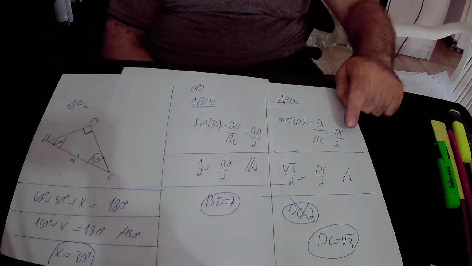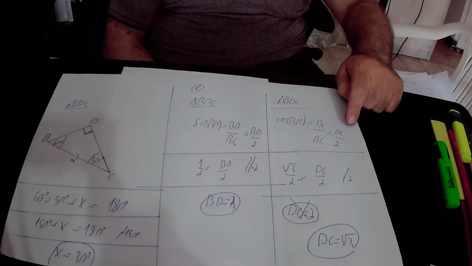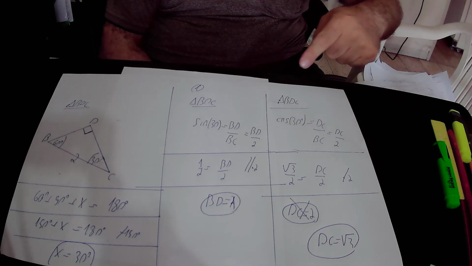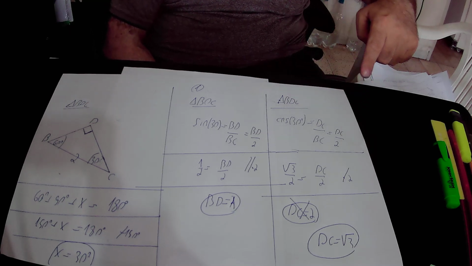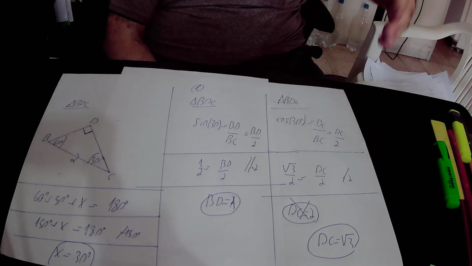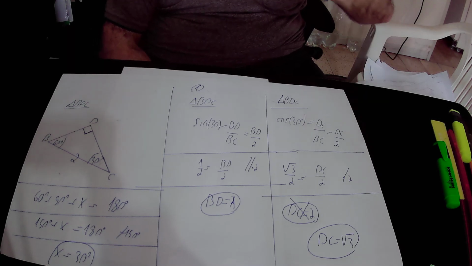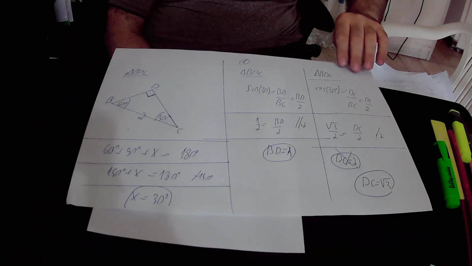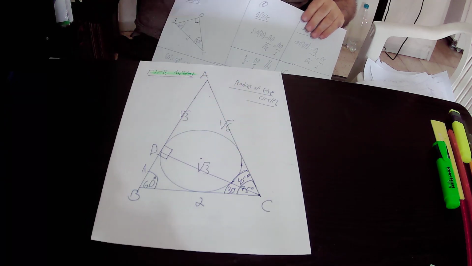But BC is 2, so we substitute BC by 2 and find that cosine 30 degrees equals DC over 2. Cosine 30 degrees is square root of 3 over 2, so square root of 3 over 2 equals DC over 2. We multiply this equation by 2 and find that DC equals square root of 3 units.